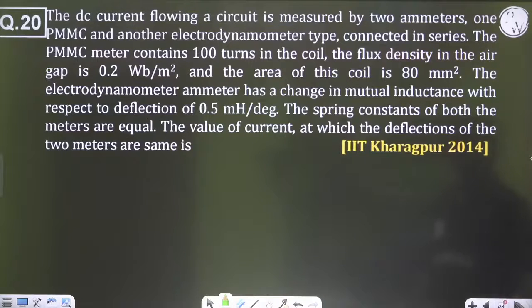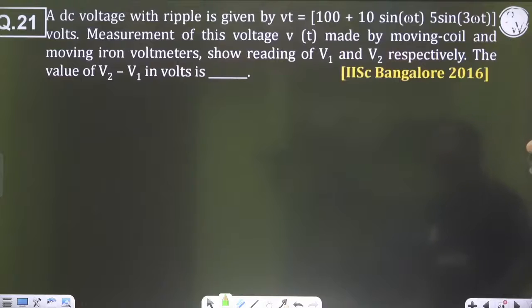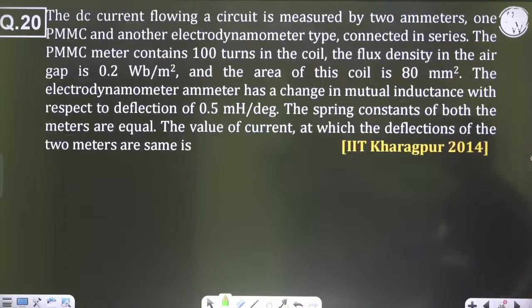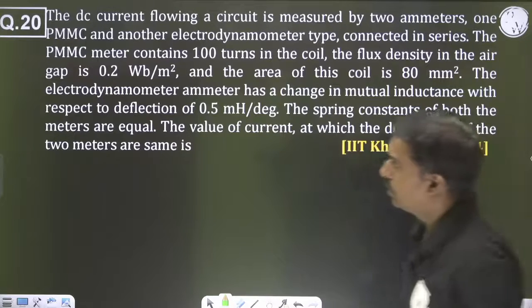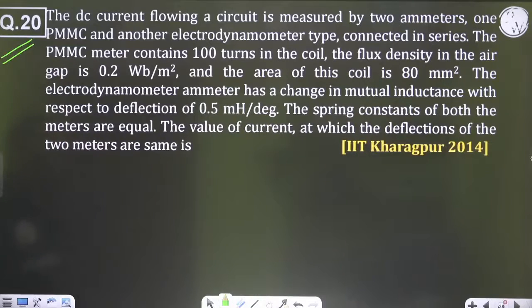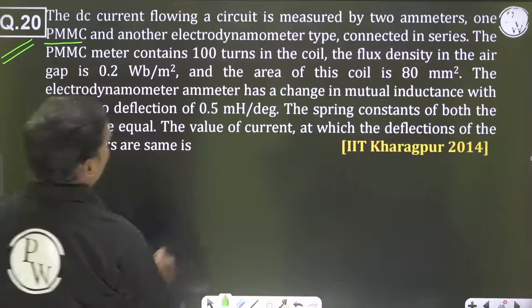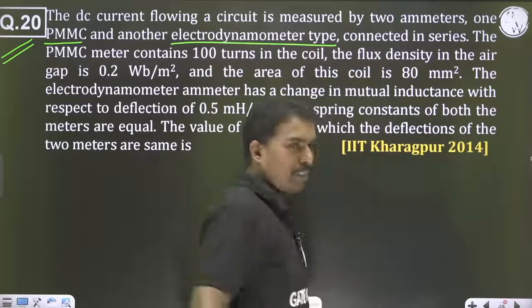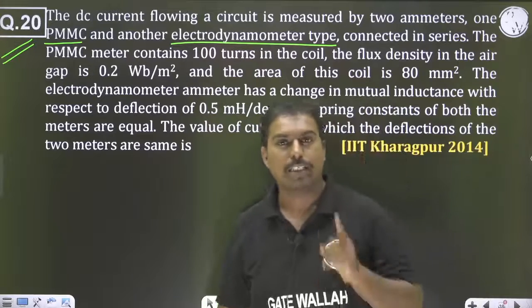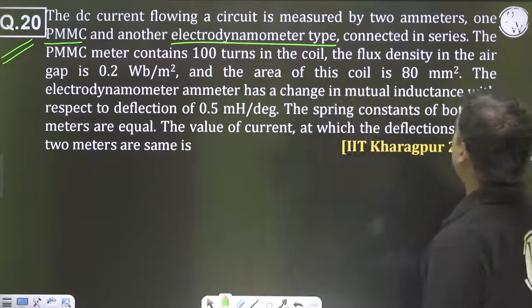Question number 20. The DC current flowing in a circuit is measured by two ammeters. One is the PMMC, other one is the electrodynamometer type. So to measure the current we use two instruments, connected in series.